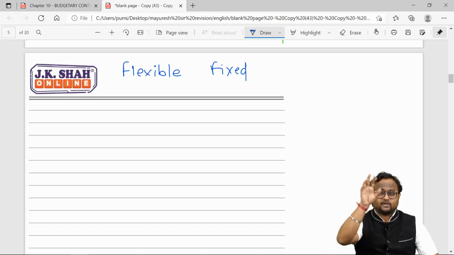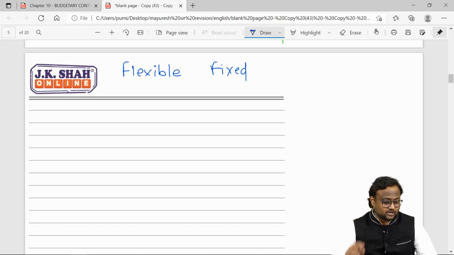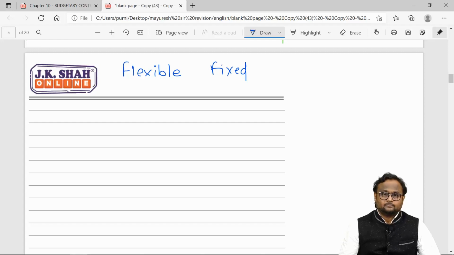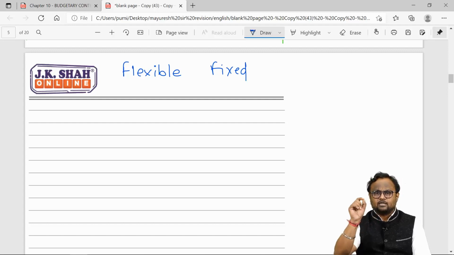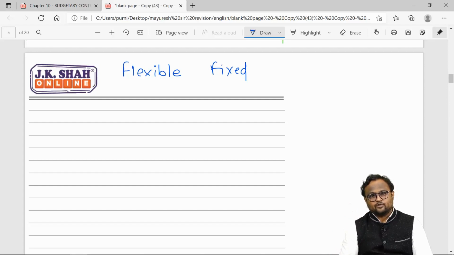I'll find out the total cost at each level, then write down sales at each, and find out the profit at 80,000, 90,000, and 1 lakh. That will help me decide whether I should go for this product or not, and at which level. Probably 90,000 will give me the maximum profit, you never know.